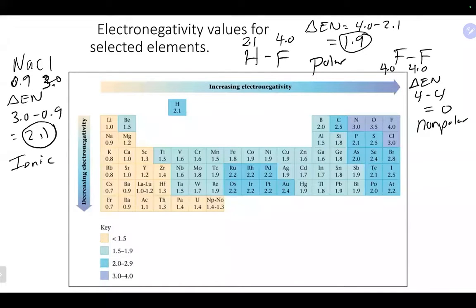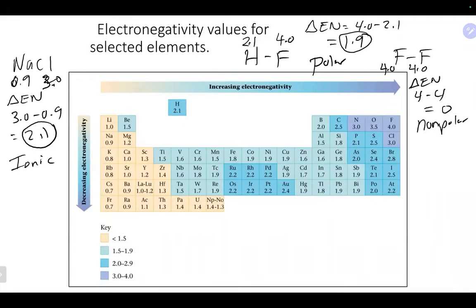But really speaking, 0.4 means there's still a little bit of unequal sharing happening there, right? But with a difference of 0, it's perfect equal sharing that occurs. So even though technically up to 0.4 is not perfect sharing, it's still considered enough to be non-polar. But definitely a difference of 0 is perfect equal sharing of electrons.